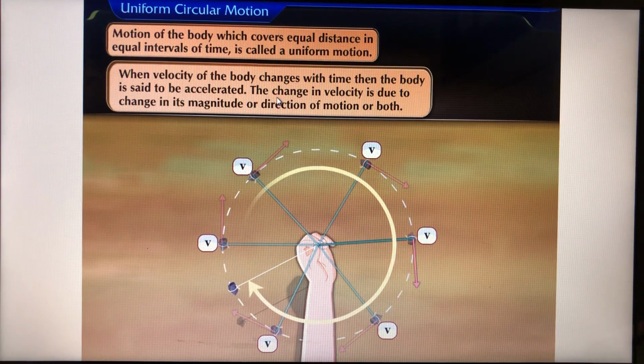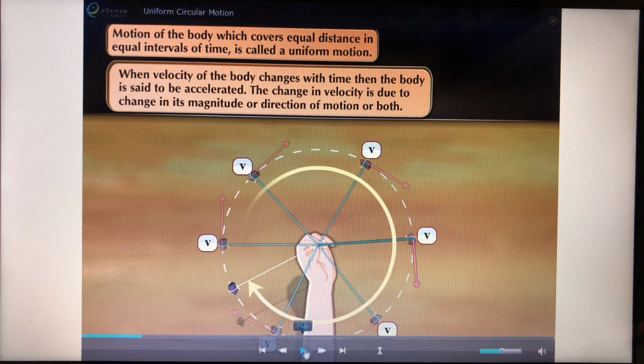How can we say that velocity changes? We have already discussed this earlier. First of all, magnitude change: if your speed increases or decreases, then velocity changes. Or if you change direction, that is velocity change. Or both, if you change both, velocity also changes.